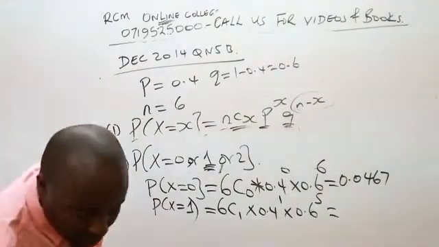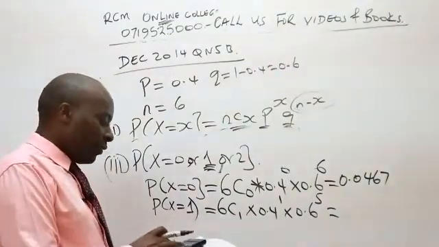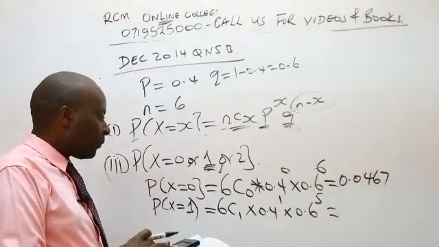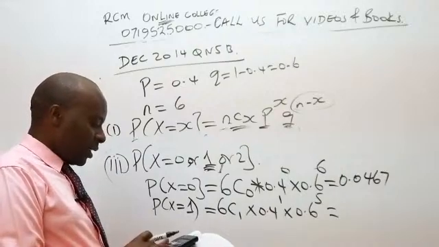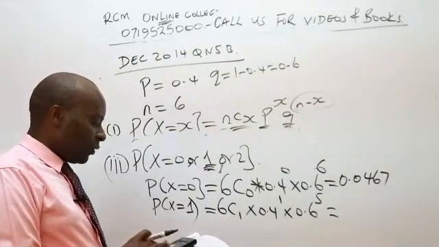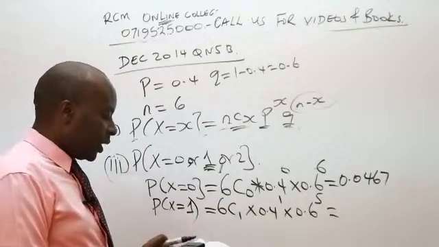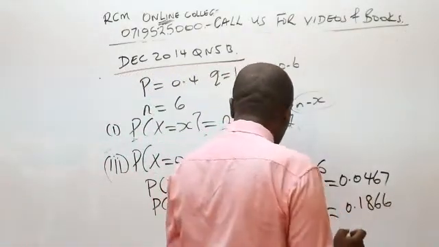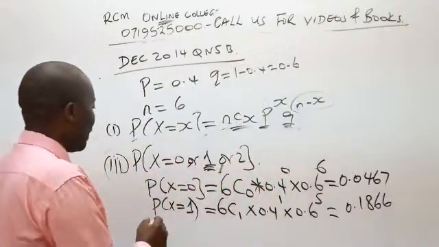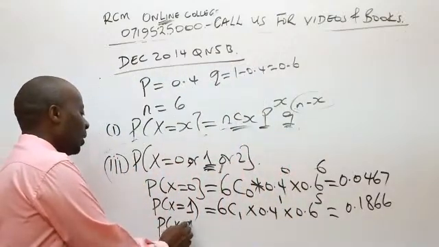So get out your calculator again. We have 6 combinations 1 times 0.4 raised to 1 times 0.6 raised to 5, which gives me 0.1866.